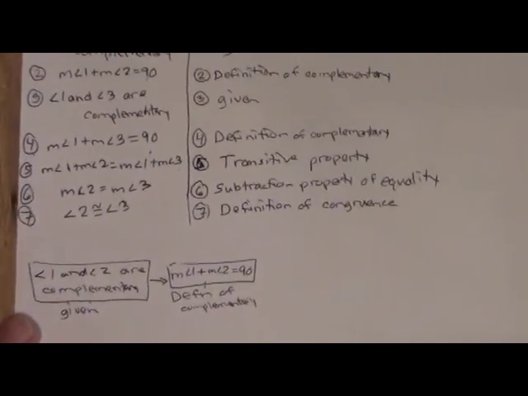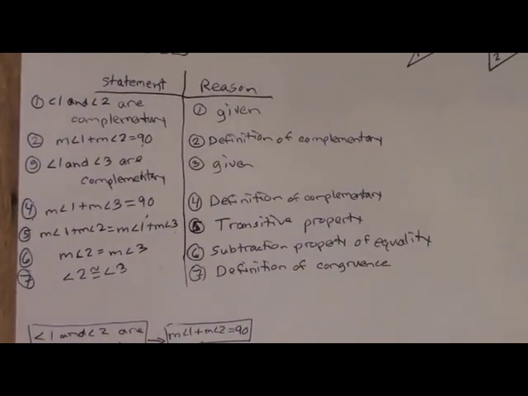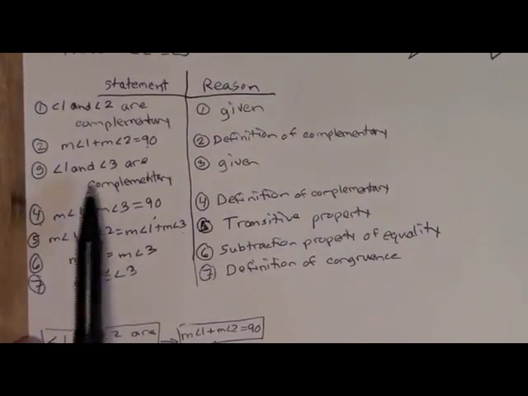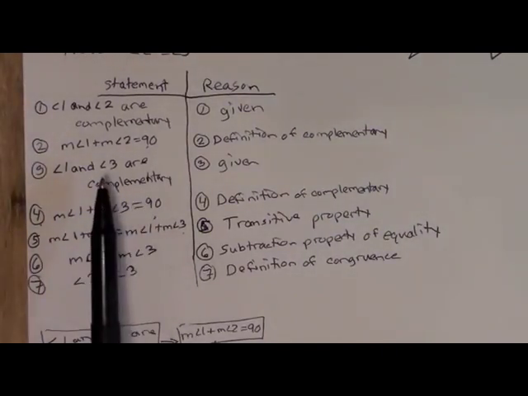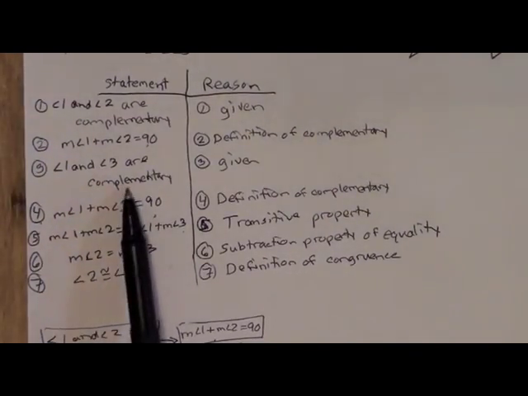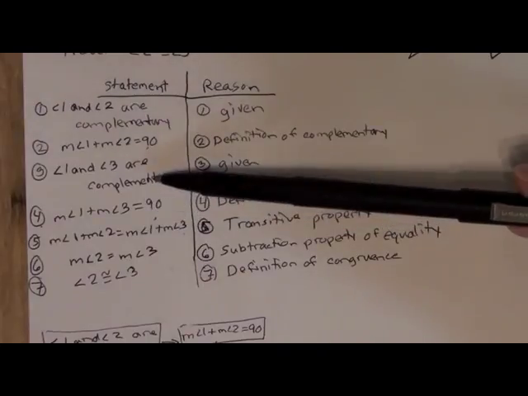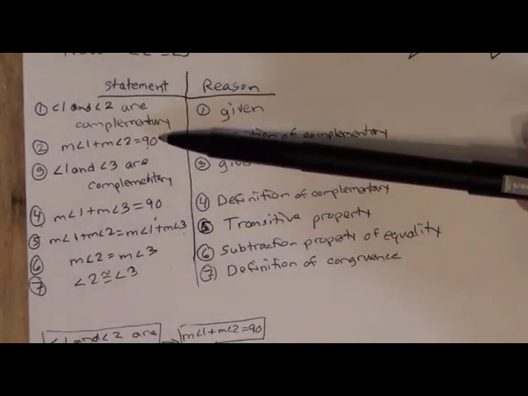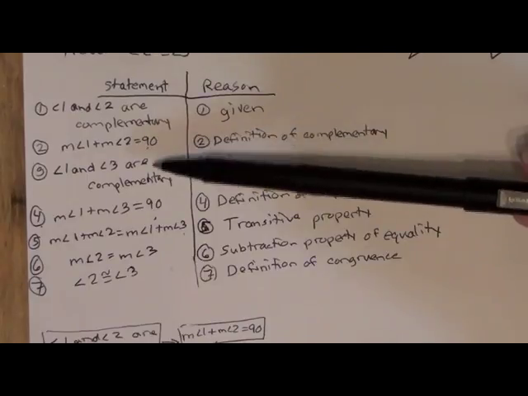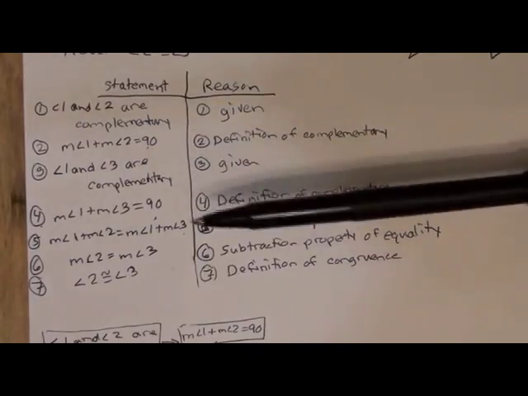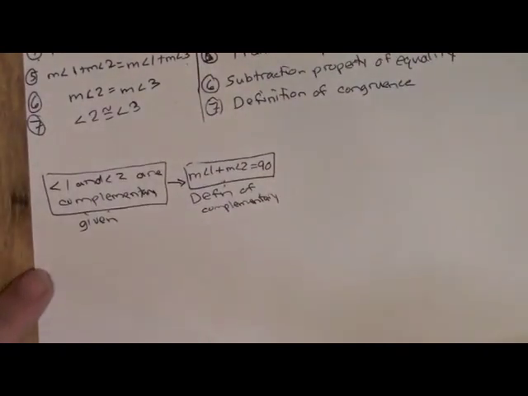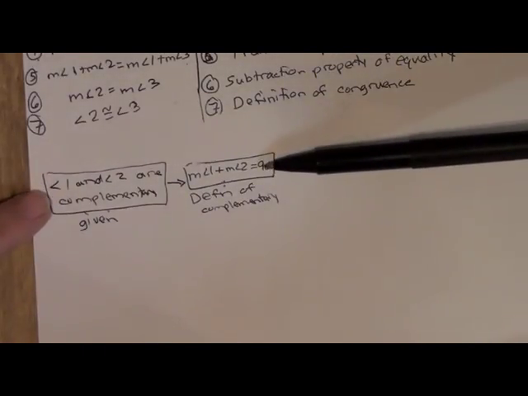Now notice though, line 3 in the 2-column proof, angle 1 and angle 3 are complementary. This statement was unrelated to the first two. I mean, it's another given, but it's not a result of angle 1 and angle 2 adding to 90 degrees. It's a different thought. So in our flow proof, this was one thought.